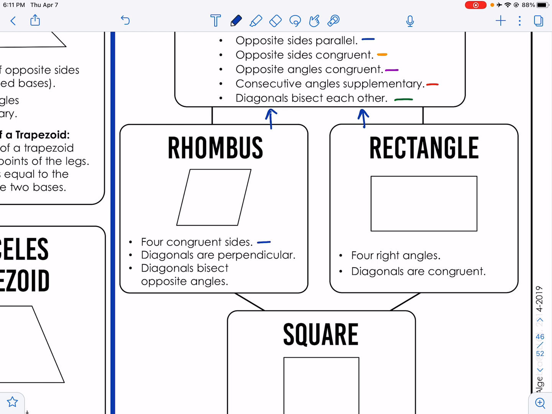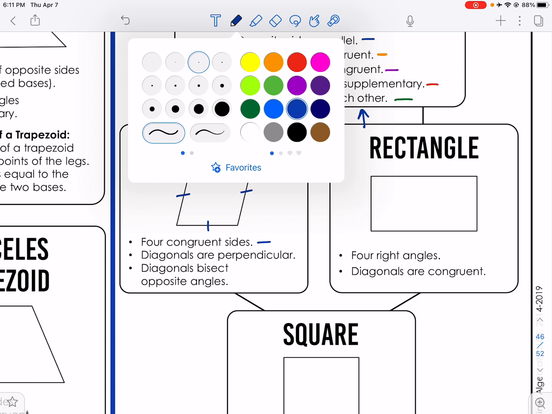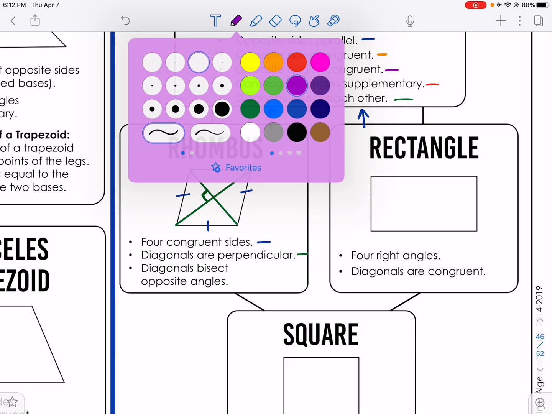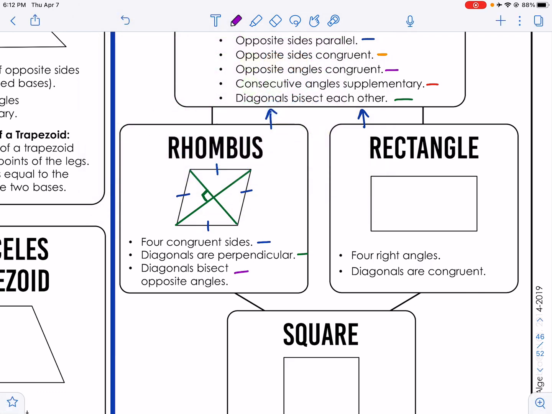So for rhombuses, 4 congruent sides, 1, 2, 3, 4. Diagonals are perpendicular. So if our diagonals are perpendicular, that means they meet at a 90-degree angle. And then finally, diagonals bisect opposite angles.